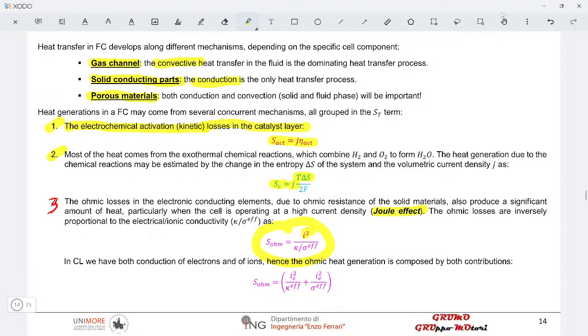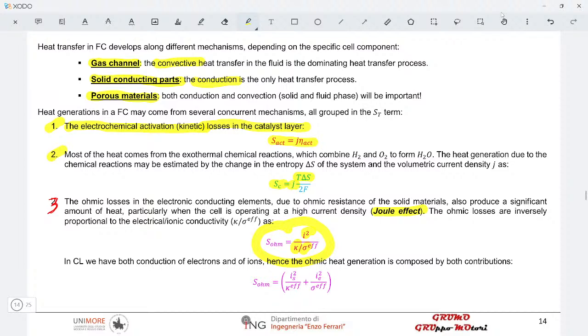So it means that if we want to operate at a high current density, not only do we increase, linearly, the activation and electrochemical source terms of our energy, but we increase with a squared power the heat generation due to Joule effect. Divided by, this is Greek kappa and this is sigma. These are the effective conductivities. Kappa is for the electronic conductivity and sigma is for the ionic conductivity.